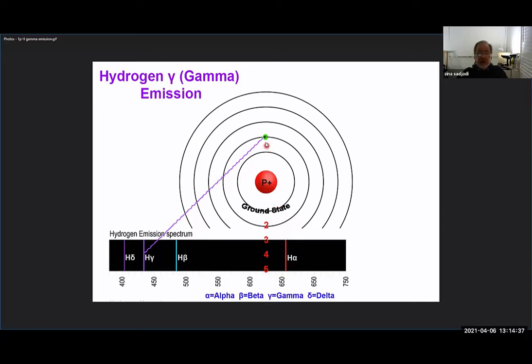So when the electron comes down from the 5th orbit of the hydrogen atom to the 2nd orbit, it gives you this beautiful purple. When it comes down from the 3rd to the 2nd, it gives you this beautiful red. When it comes down from the 4th to the 2nd, it gives you this beautiful turquoise light.